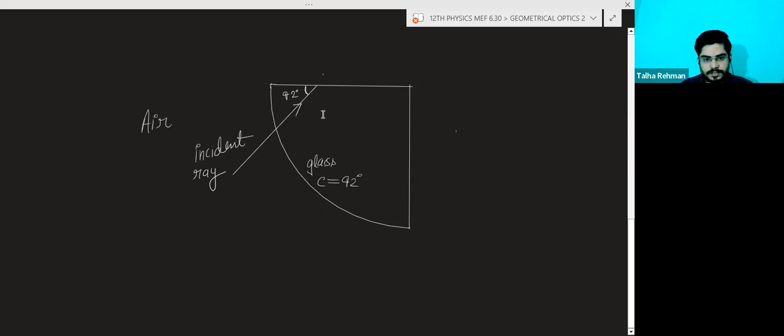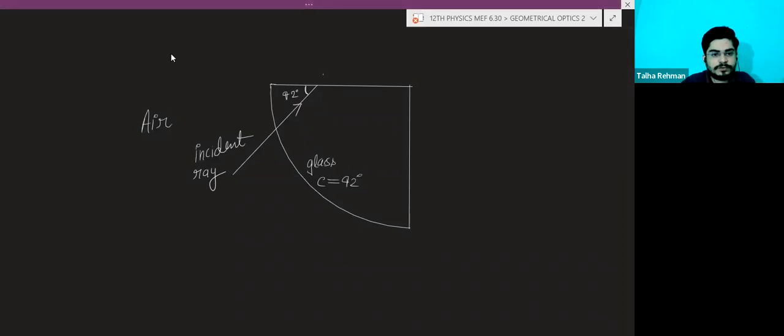So here light is trying to move, this is the path of the light. As it is looking, light is going from this glass to the air, means denser to rarer medium, so we will draw the normal.